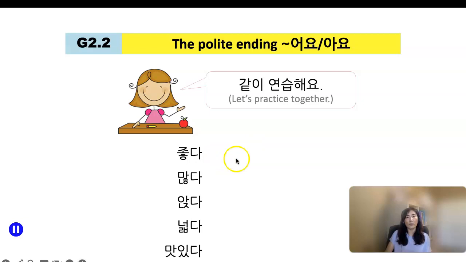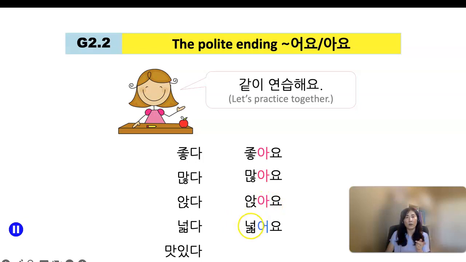자, let's practice all together. 좋다. How do you conjugate 좋다? 좋아요. Because of the O sound, you attach 아요. 많다, because it has an A sound, you attach 아요. 많아요. 앉다, 앉아요. 넓다, 넓어요. 맛있다, 맛있어요.